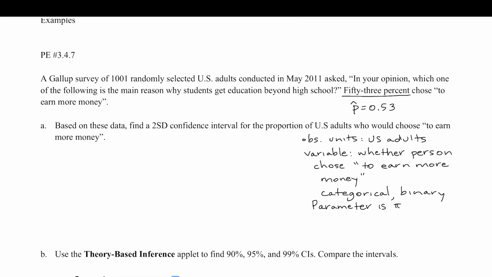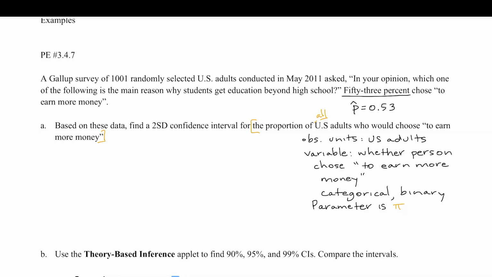And I'm going to actually write this in orange and note that the proportion of all U.S. adults who would choose to earn more money as the answer to the question, that is our parameter pi. So rather than rewriting that whole phrase, I've just outlined it here. That whole part that's outlined in orange is the description of the parameter, and the symbol for that would be pi.